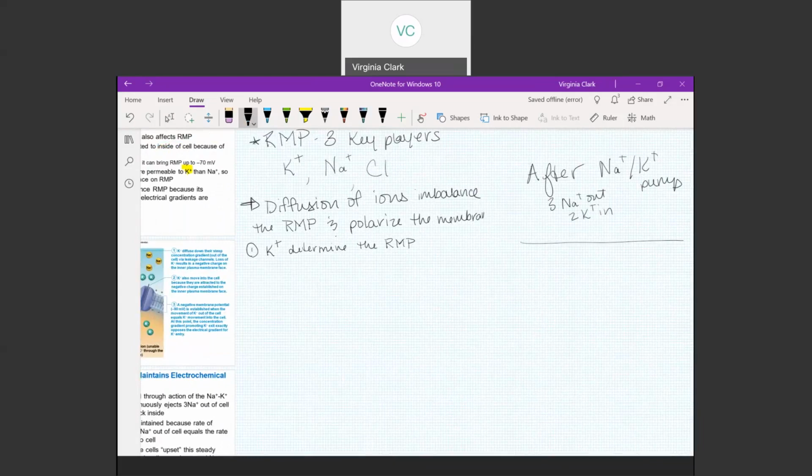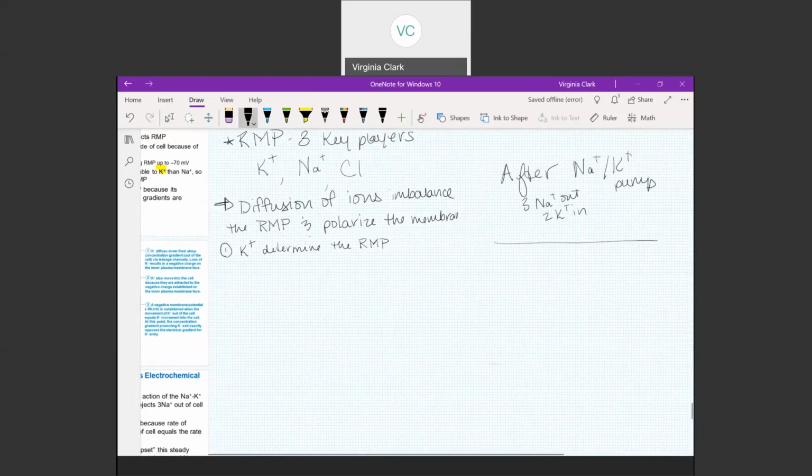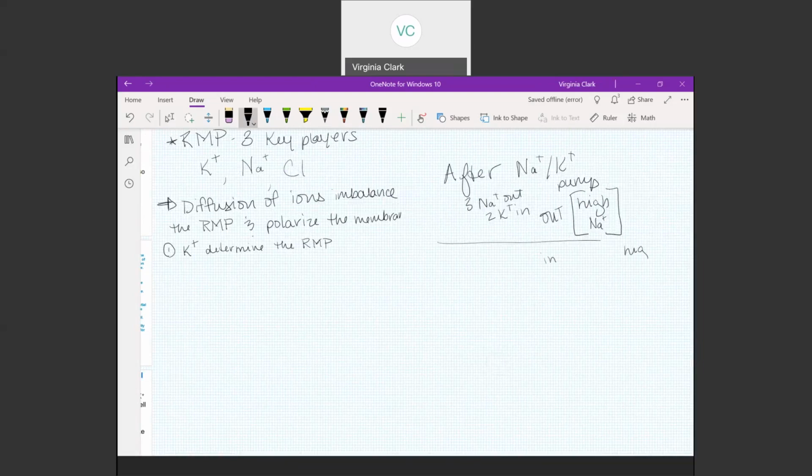So what you end up with, if we're outside the cell, is a high concentration of sodium, and inside a high concentration of potassium, because we pumped 3 sodium out for every 2 potassium in.